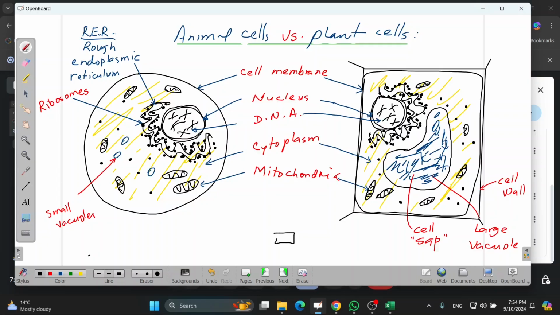Look, this would be one, the next one, the next one. Like if you look at some onion skin under the microscope, guys, this is what you will see. Plant cells like this. And that outer boundary, that is the cell wall.